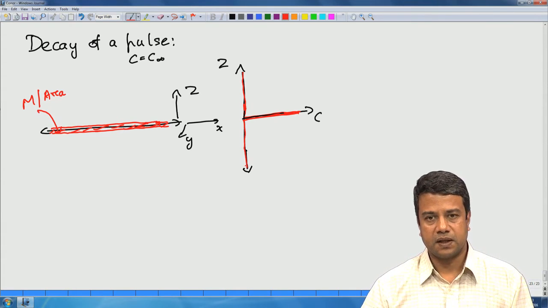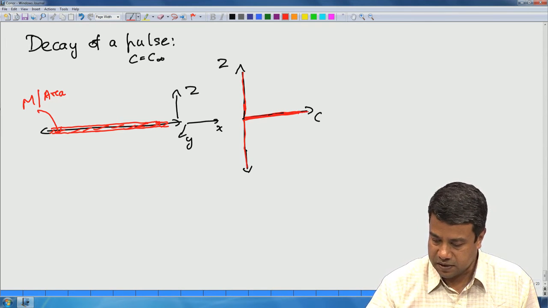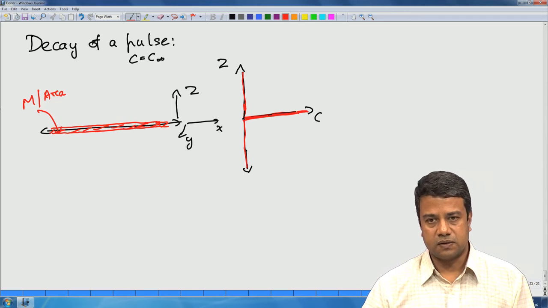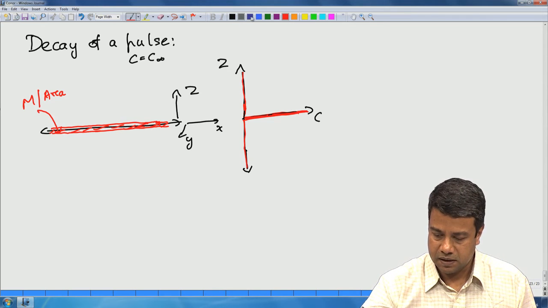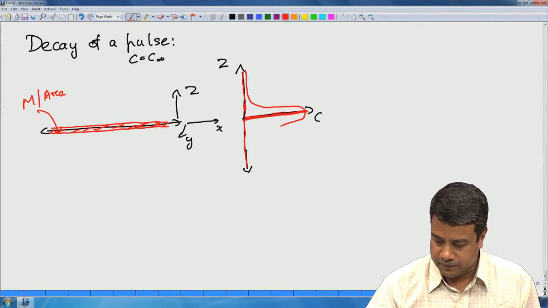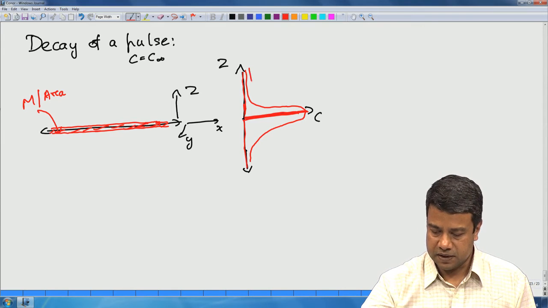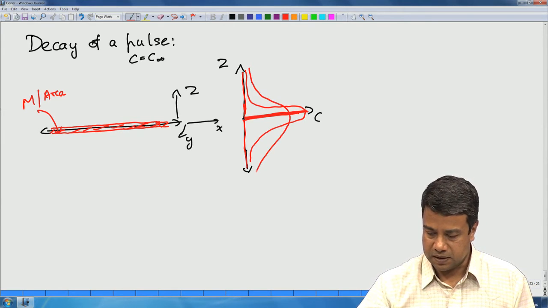As time progresses, this mass that has been put in is going to diffuse out, and I will get a profile that looks like this initially. Then as time further progresses, I will get a profile that looks like this.